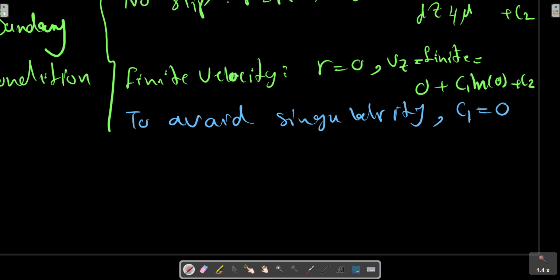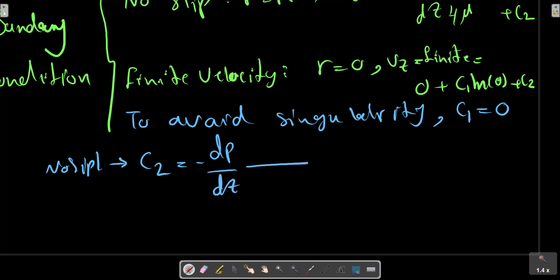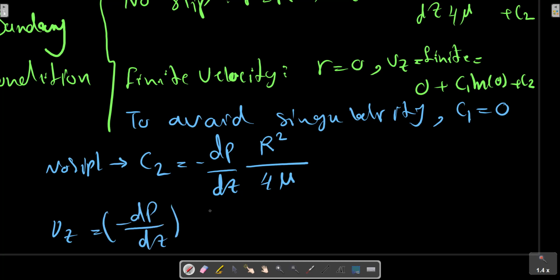Then from the no slip condition we can calculate C2 as minus dP/dz multiplied by R² over 4μ. Vz equals minus dP/dz, R² over 4μ times (1 minus r²/R²).